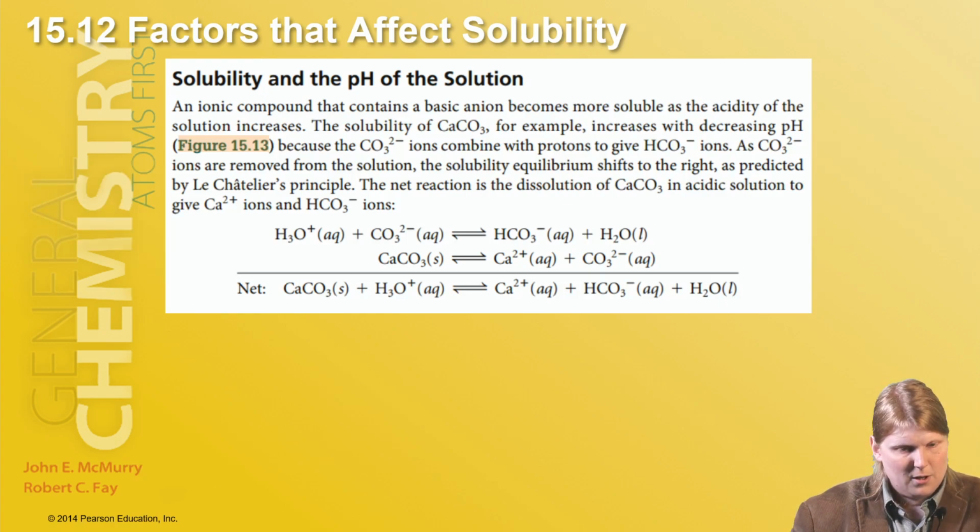Similarly here, we're talking about the solubility of something like calcium carbonate. The carbonate ions are basic, so they can combine with protons. In this instance, that will pull it to the right. Calcium carbonate is not very soluble, but if we put acid there, then it can dissolve because the carbonate gets reacted with and taken away.